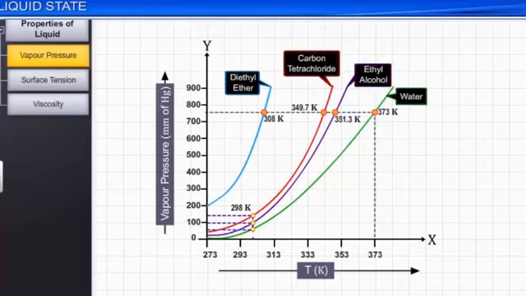Those liquids with low vapor pressure have a high boiling point and do not readily evaporate at room temperature. At room temperature, as diethyl ether has high vapor pressure, it has a very low boiling point. Therefore, it evaporates readily at room temperature.